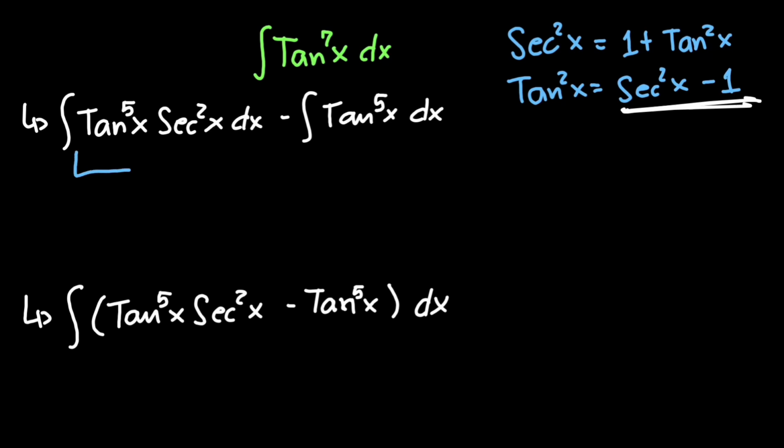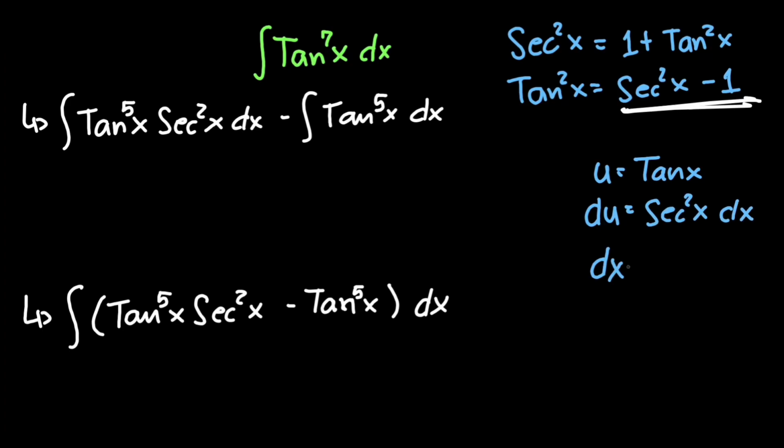So focus on the first part once again. Let u here be tangent once again. The derivative of tangent of x would be equal to secant squared of x multiplied by dx. So the value of dx would be equal to du over secant squared of x.